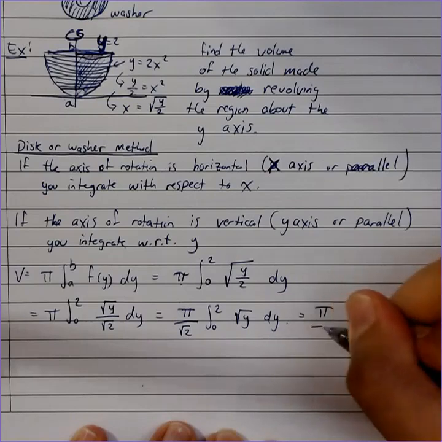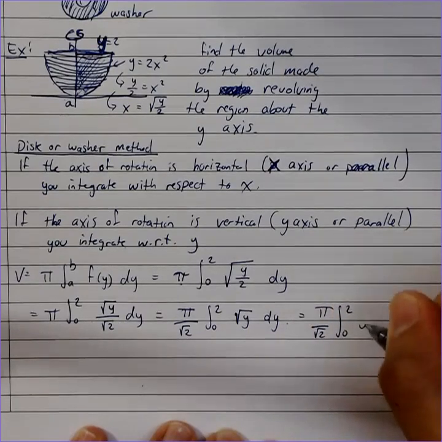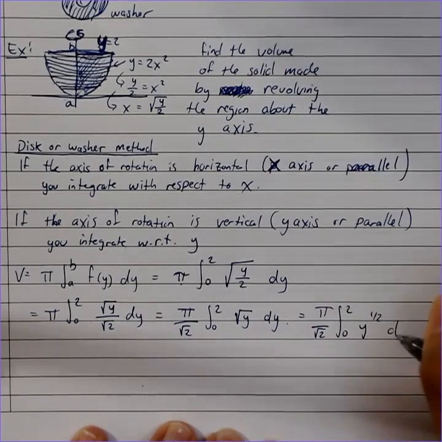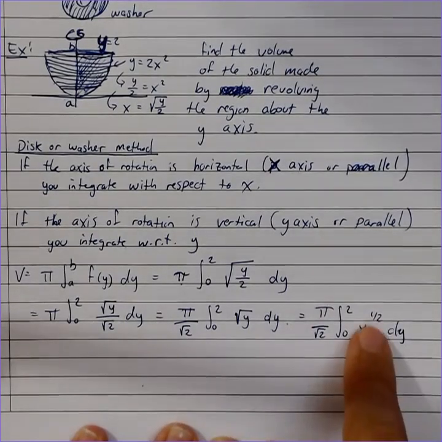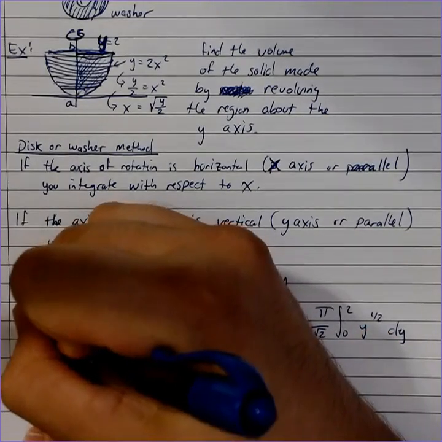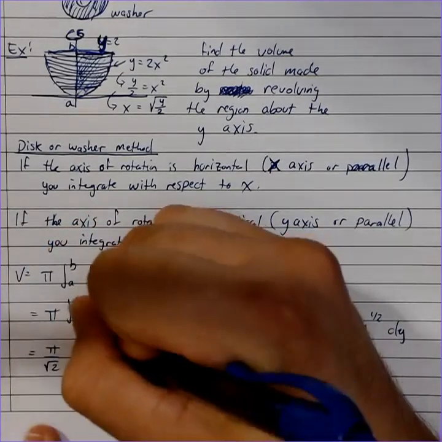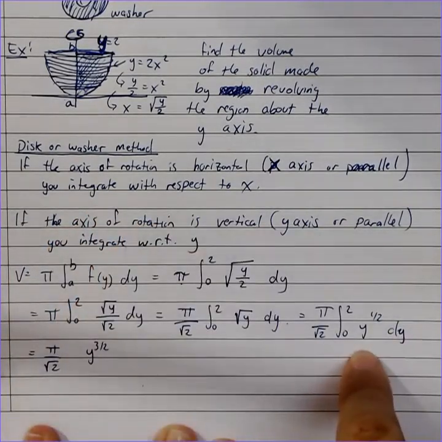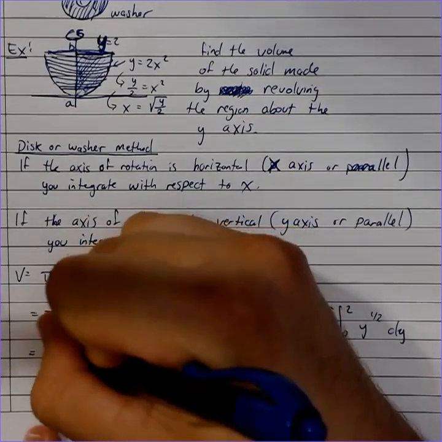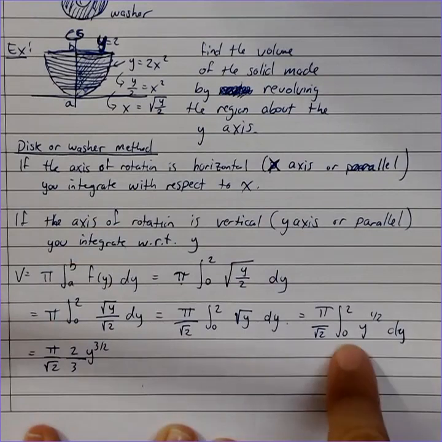Not that we have to, but it's generally simpler to remember how to integrate if this is written as an exponent. And now I can add 1 to that power and divide by the new power. So this will be pi over root 2, y to the 3/2 divided by 3/2, which is the same as times 2/3. And that's going to be evaluated from 0 up to 2.